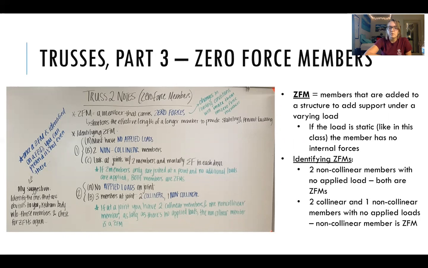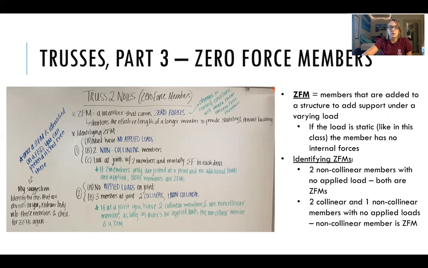But when you're looking at a free body diagram, or when you're looking at a truss in statics, essentially, it's a snapshot of the loading condition, which means there's no change going on in that instantaneous snapshot. So that means that all of the members that are built into the bridge for stability in the event of a loading condition will have no force in them because there's no change in the loading condition.